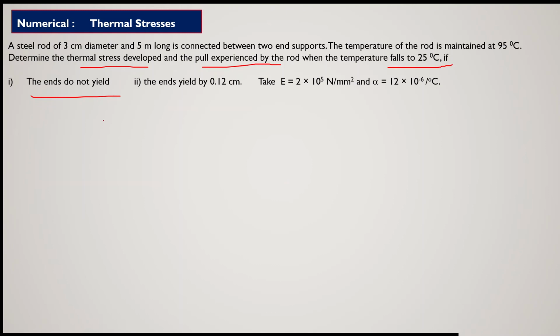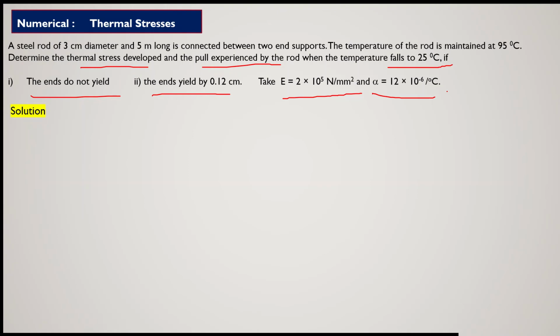The first condition is when the ends don't yield, and the second is when the end yields by 0.12 centimeter. That means the support has yielded in the second case. The modulus of elasticity is again given as 2 into 10 raised to power 5 Newton per millimeter square, and the coefficient of linear expansion is 12 into 10 raised to power minus 6 per degree Celsius.